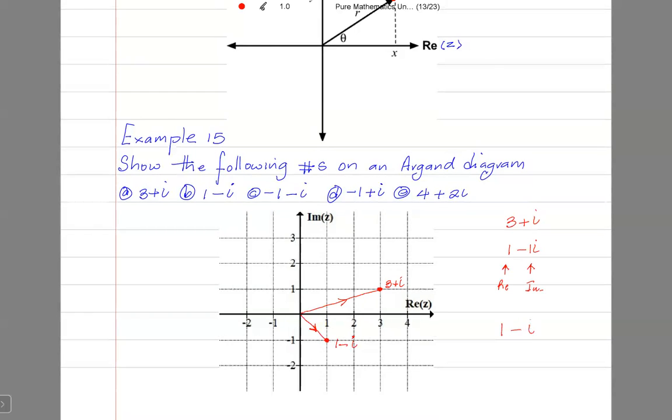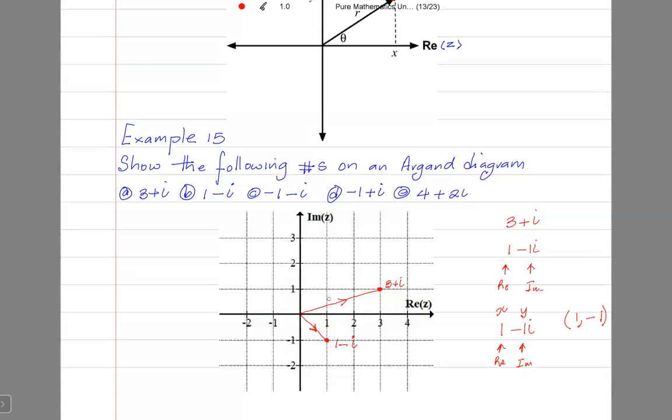Or you could say 1 and minus 1i. This one is the real component, the x value. And this one is the imaginary component, which is the y value. So literally, it's like you're plotting the point x equals 1, y equals minus 1.